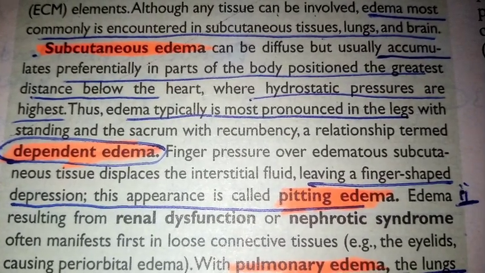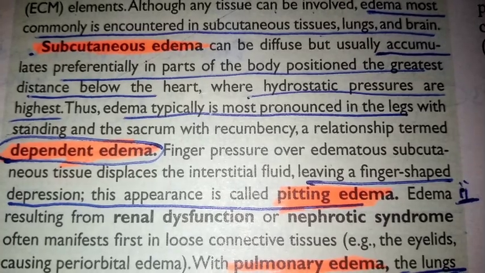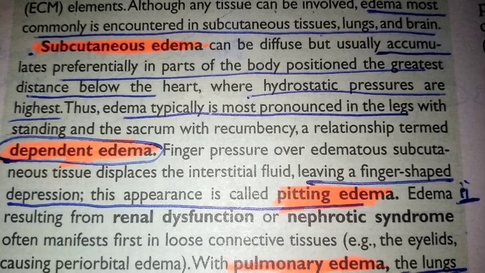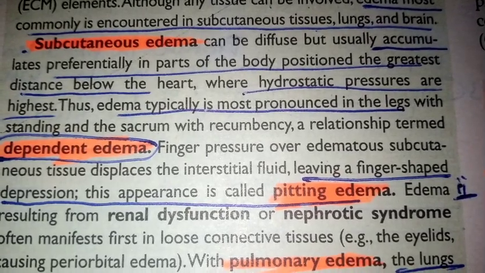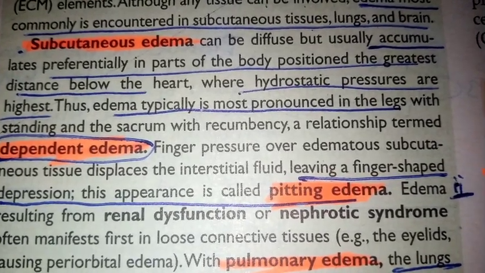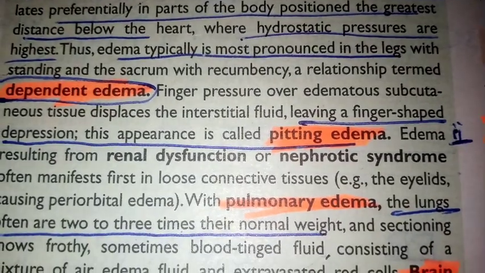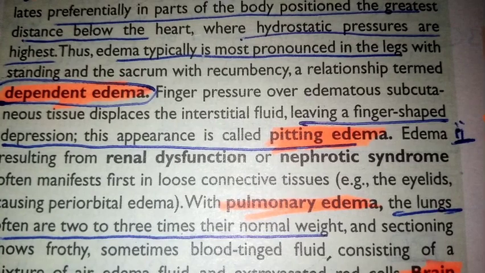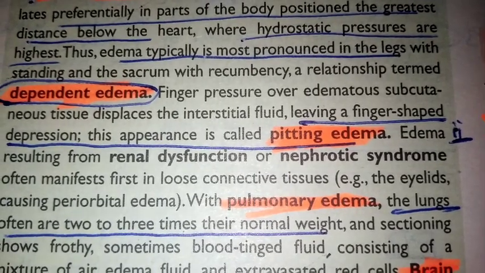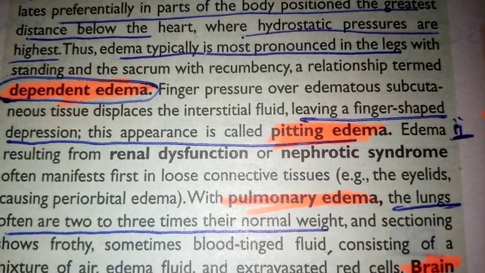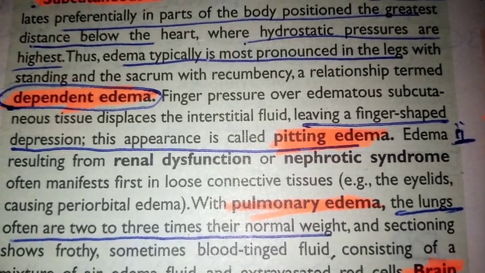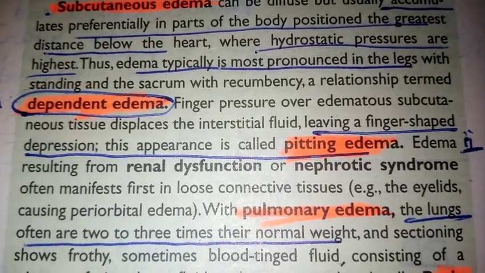Thus, edema typically is most pronounced in the legs with standing and in the sacrum with recumbency, a relationship termed dependent edema. Finger pressure over edematous subcutaneous tissue displaces the interstitial fluid, leaving a finger-shaped depression. This appearance is called pitting edema.